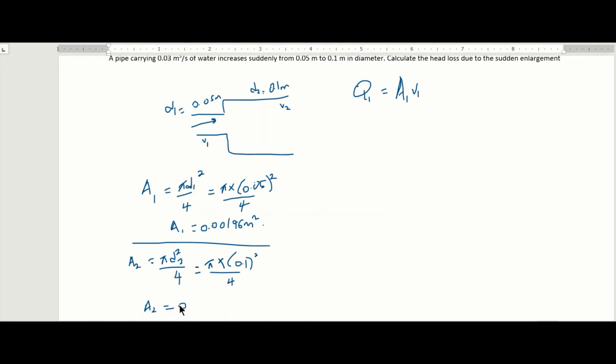0.00785 meters squared. So now we can find the velocity at section 1 and at section 2. So coming back to our flow rate equation, we can transpose to find our V1. So therefore my V1 is equal to Q1 over A1.